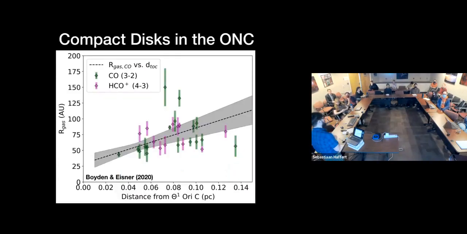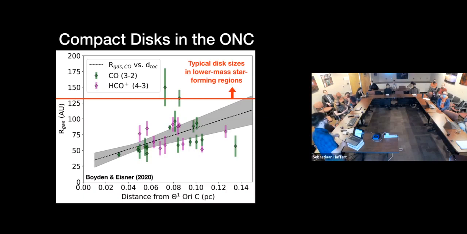And one possible explanation for this difference pertains to the measured disk size distribution in the ONC. So in this figure here, I'm plotting measurements of disk radius derived for each target in my sample, plotted as a function of projected separation from the most massive O star in the Trapezium, the star Theta-1 Ori C. Many protoplanetary disks in the ONC are found to be quite compact, with radii of 50 or less than 100 AU.